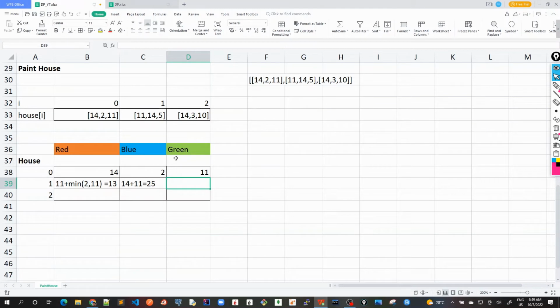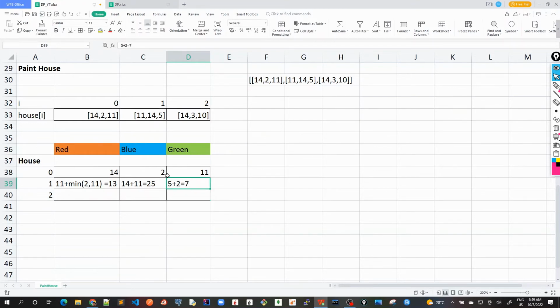Now let's go with the same formula again. Green is 5 for house of index 1. And if I'm painting with green, I have to take the minimum. The zeroth house would have been painted with blue or red only, not with green. And I can see that blue is 2, so the minimum cost would be 2. And for this cell, it would be 7.